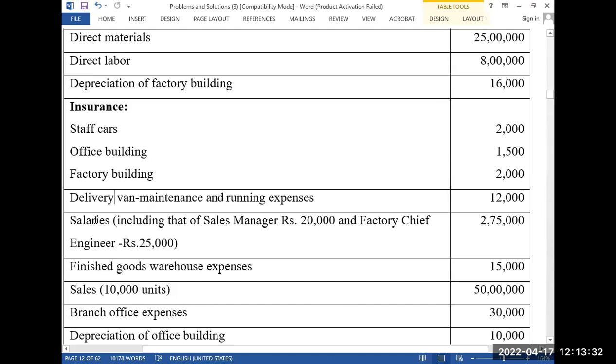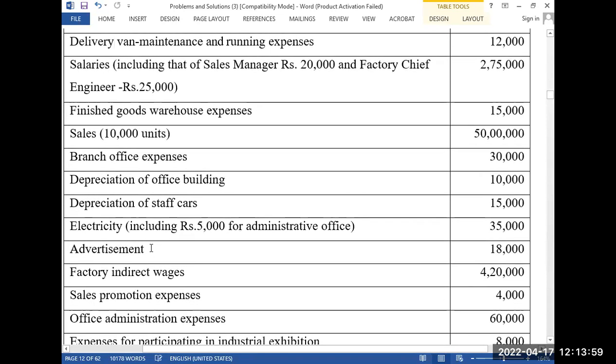But there is a mention, including that of sales manager 20,000 and factory chief engineer 25,000. So out of 2,75,000 total salary, 25,000 belongs to the factory chief engineer. So that should come under factory overhead, only that portion, 25,000.